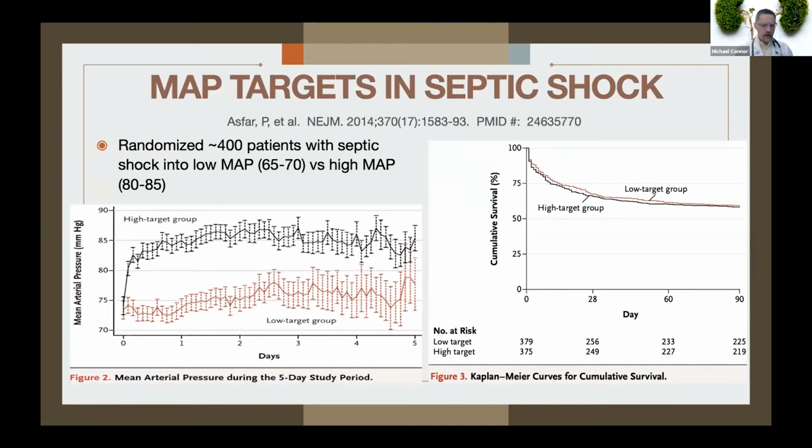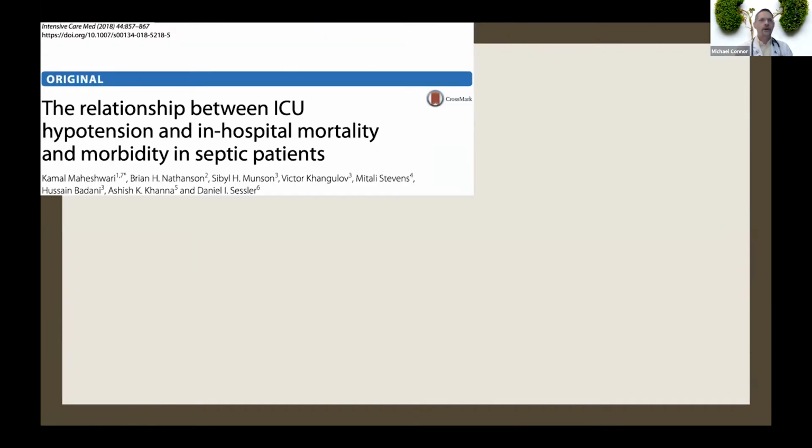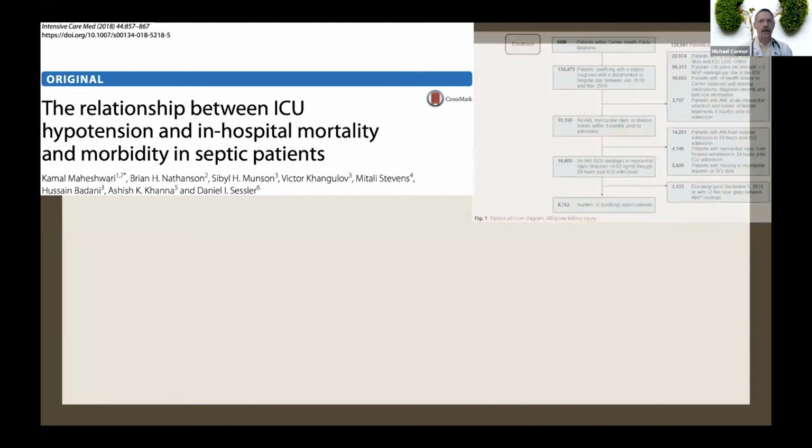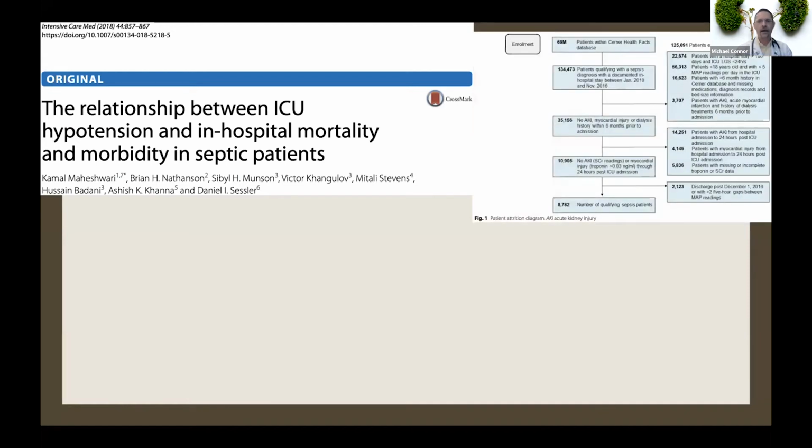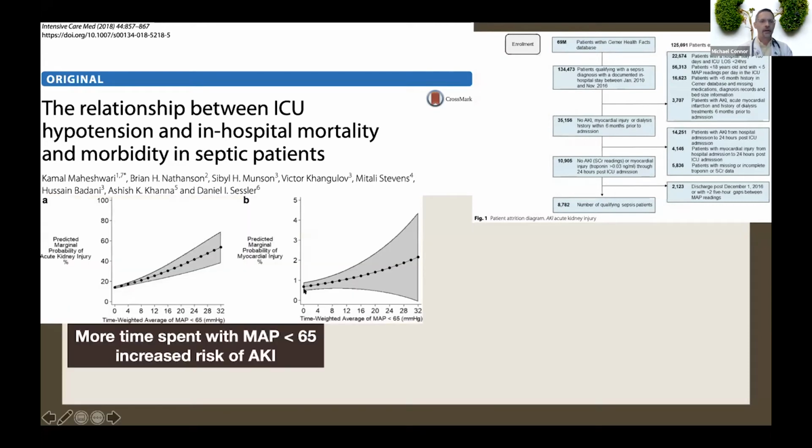And this is not the end of the story. There was another larger, albeit retrospective study of many thousands of patients, basically 9,000 patients with septic shock, and they qualified them based on what their blood pressure ranges were throughout the time that they were requiring pressors. They showed very clearly that more time spent with a MAP of less than 65 increased the risk of AKI in patients.